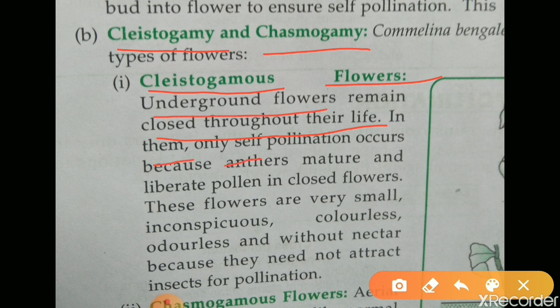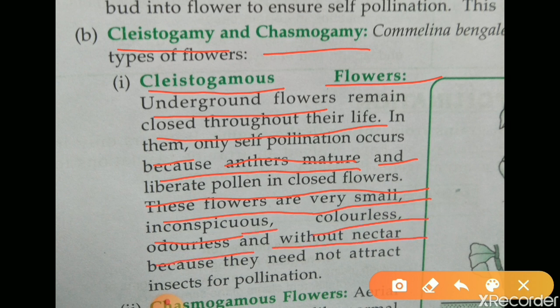In them only self-pollination occurs because anthers mature and liberate pollen in closed flowers. These flowers are very small, inconspicuous, colorless, odorless and without nectar because they need not attract insects for pollination.